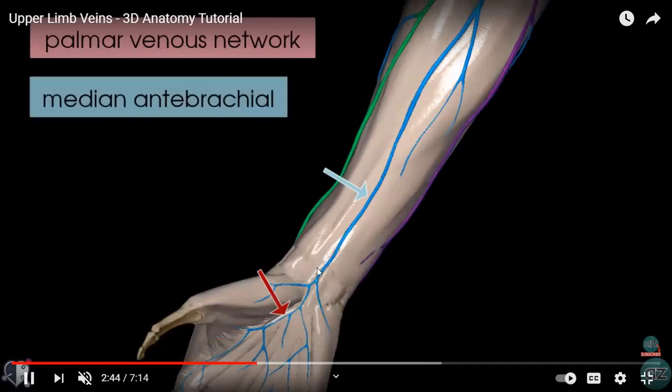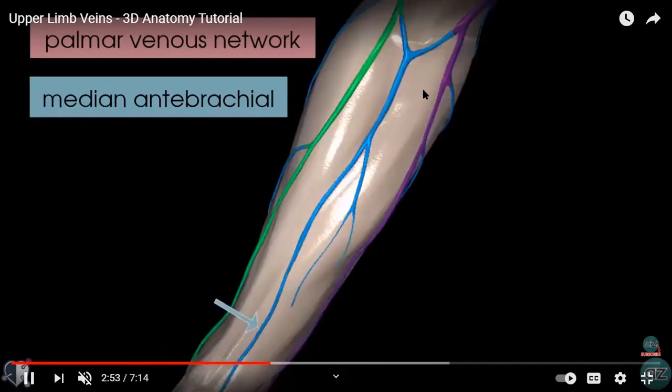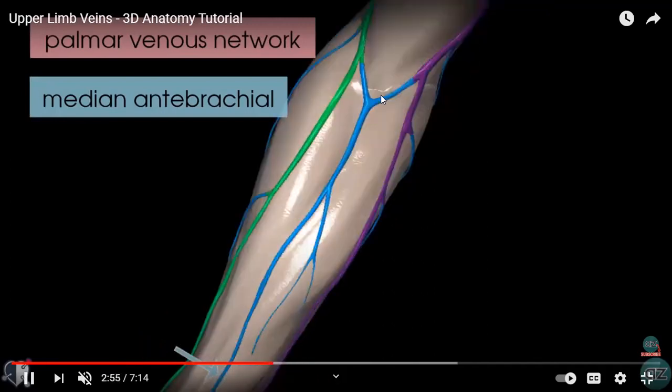And then this is the median antebrachial vein, which is also called the median vein of forearm. It actually divides into two, right? On the lateral side, it drains into the cephalic. On the medial side, it drains into the basilic vein.